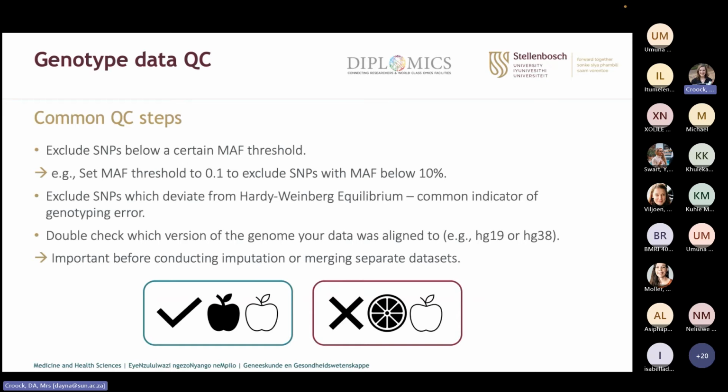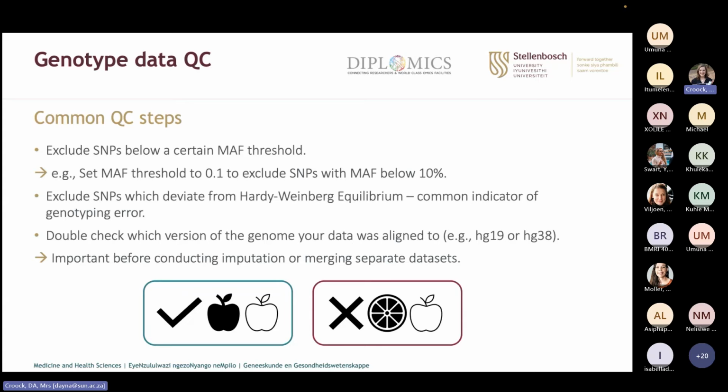That's a good question. So the threshold for Hardy-Weinberg equilibrium, again, is something that is set by the researchers themselves. Hardy-Weinberg equilibrium works off a p-value. So it's kind of like the probability that the SNP deviates from Hardy-Weinberg equilibrium, showing that a population is evolving.